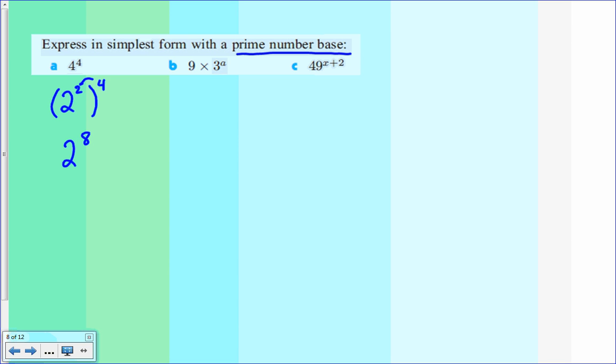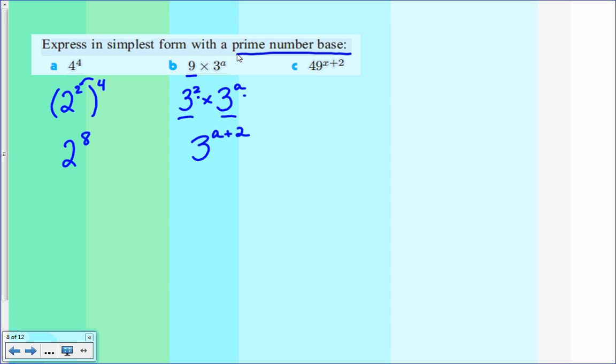For this one here, the 9 is not prime, so I'm going to write it as 3 squared, being multiplied times 3 to the power of a. And remember, let me write that so it looks like an a, not a 3 or a 9. If we multiply powers with the same base, we keep the base and we add the exponents. So a plus 2.